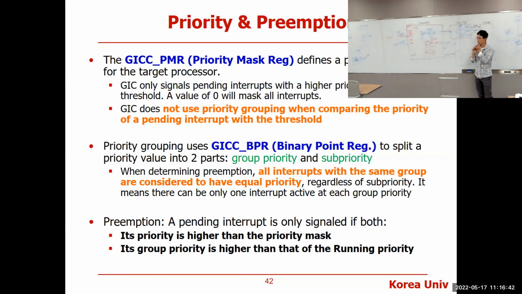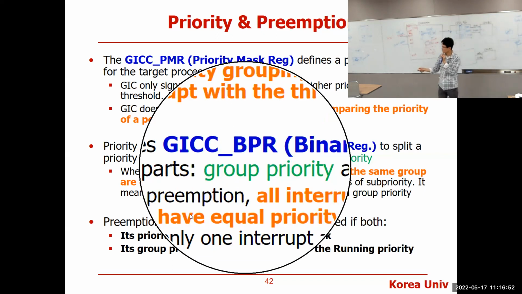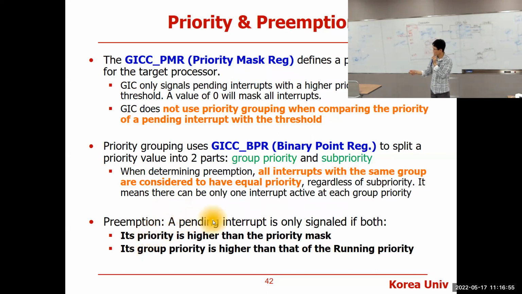But there are conditions. Two conditions should be satisfied to forward that interrupt to the CPU and support preemption. A preemption pending interrupt will be signaled only if both conditions are satisfied. First, the timer interrupt priority must be higher than the PMR threshold. That is obvious, right? The second condition is group priority using the BPR register.